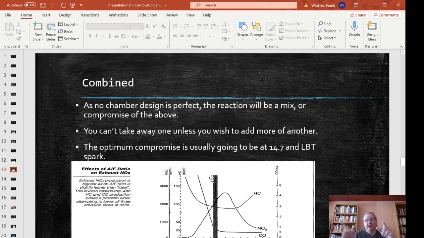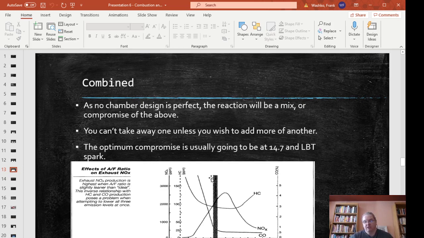Same thing with fuel economy. We might sweep and find the spot for best fuel economy. You'll also find if you set fuel to 14.7 to 1 and then change the spark advance, 8, 10, 12, 14, 16, you can make curves of what the hydrocarbon output is, what the carbon monoxide and NOx output is.